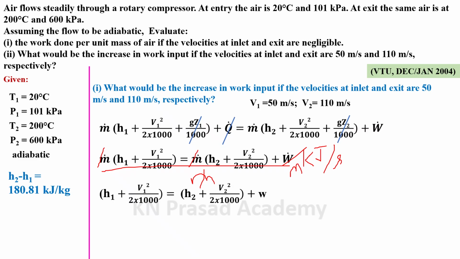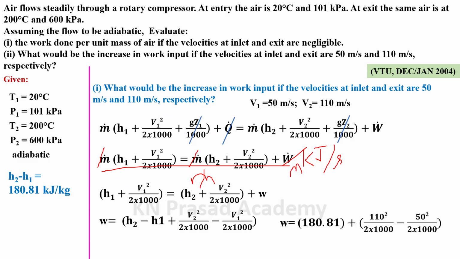So the equation will become h1 plus V1 square divided by 2000 equal to h2 plus V2 square divided by 2000 plus w. Then w equal to h2 minus h1 plus V2 square divided by 2000 minus V1 square divided by 2000. We know h2 minus h1, V2 value, and V1 value. Substitute all these values, we will get the work done as 185.61 kilojoule per kg. So this is the solution and thank you.